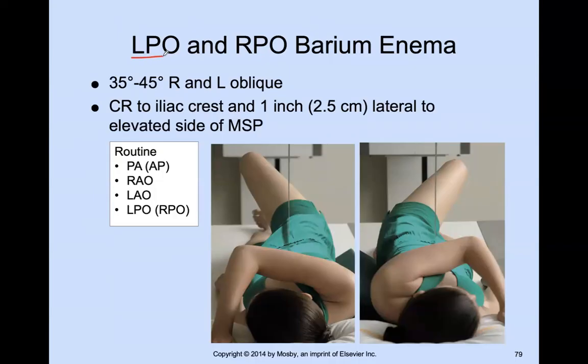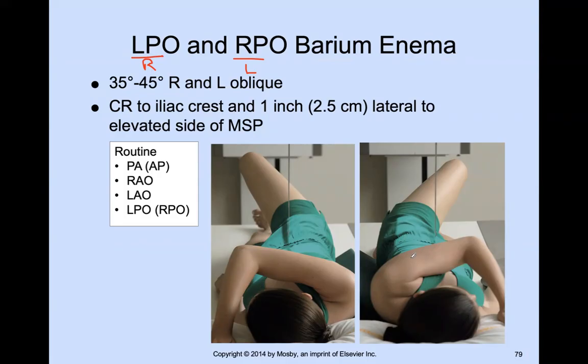The LPO will show me the right colic flexure and the RPO will show me the left colic flexure. So this is an LPO, right? You see she's on her left posterior side. It's going to demonstrate the right colic flexure. That's why we're centered over to the right side. On this RPO, it's going to best demonstrate the left colic flexure.